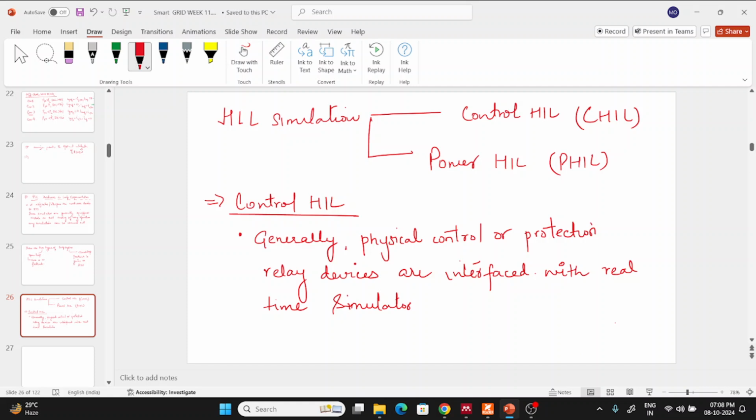They allow the flow of digital or analog signals.